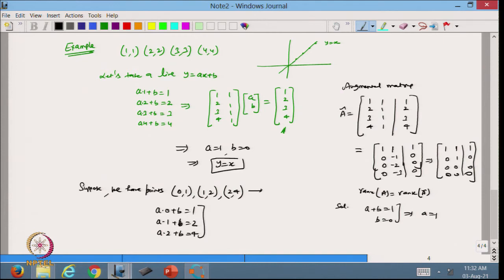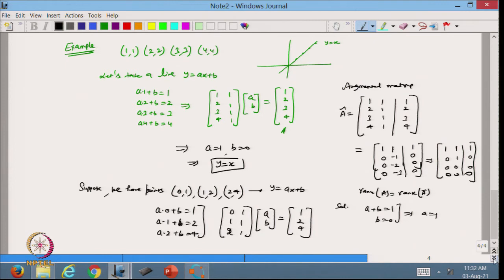I assume a line that is y is equal to Ax plus B, and from here I will get the matrix that is 0 1 2 1 1 1 times A B, and this is equal to 1 2 4. So, this is my system of equations, and I know that this matrix is having the rank 2, no problem.